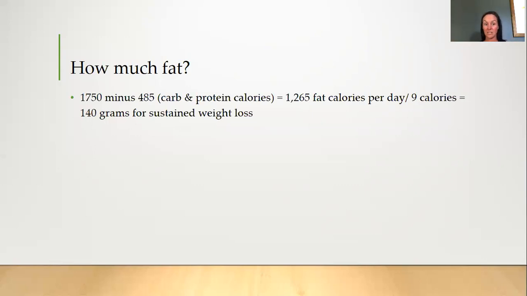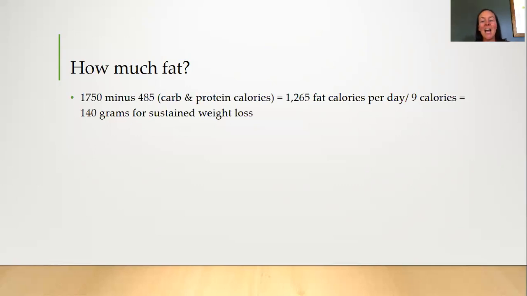So mine is 1,750, which is my basal metabolic rate, minus 20% because I want to lose some fat. So 1,750 calories per day minus 485, which are the carb and protein calories that we just worked out, means I will be eating 1,265 fat calories per day.